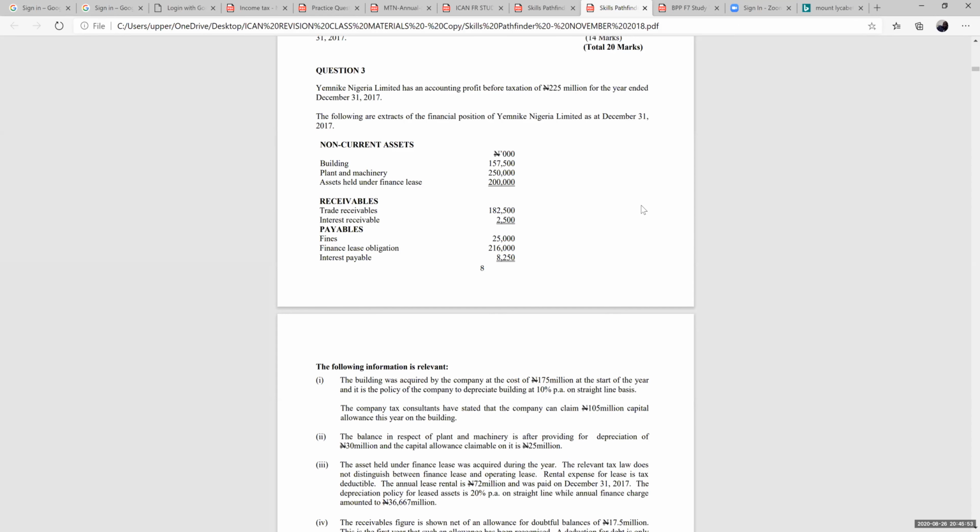Receivables: we have trade receivables and income receivables.